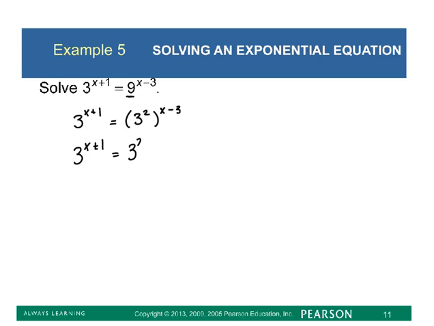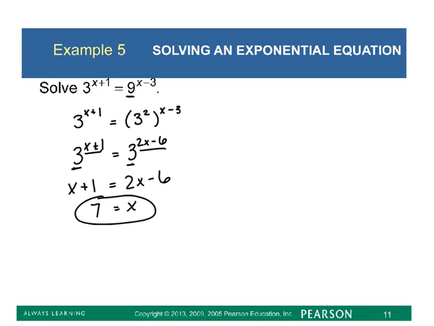So we have 3 to the 2x minus 6. And now we can equate our exponents. You can say x plus 1 is equal to 2x minus 6 because of the property that I've already shown you in the previous one. When we get the bases to be the same, we can go ahead and set the exponents equal to each other. Now, solve for x. So we get x is equal to 7. And we are done in this case.